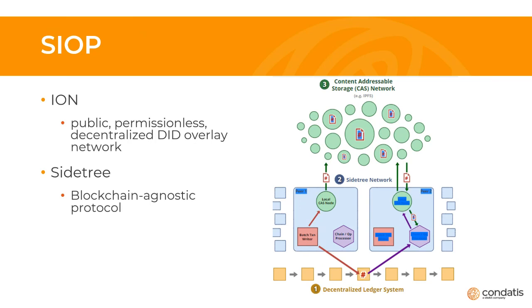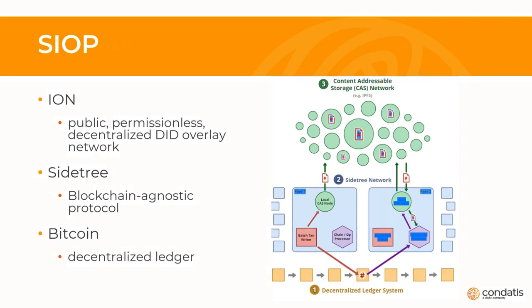This DPKI is used to anchor public keys to validate ownership of the DIDs. So ION is a DID method that uses Bitcoin and SideTree, and the use of the Bitcoin network as the ledger enables massive scale, cost efficiency, and deployment flexibility.